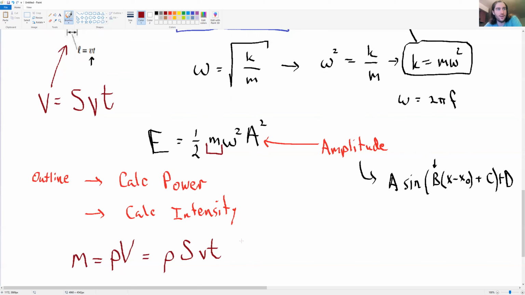Give you a second to catch up there. So volume is S times vt. S is area, yeah. S for maybe surface area, right? S is the area here.